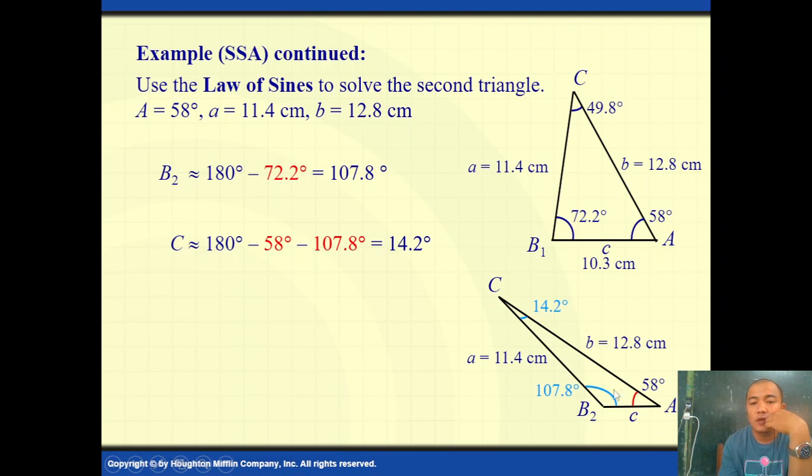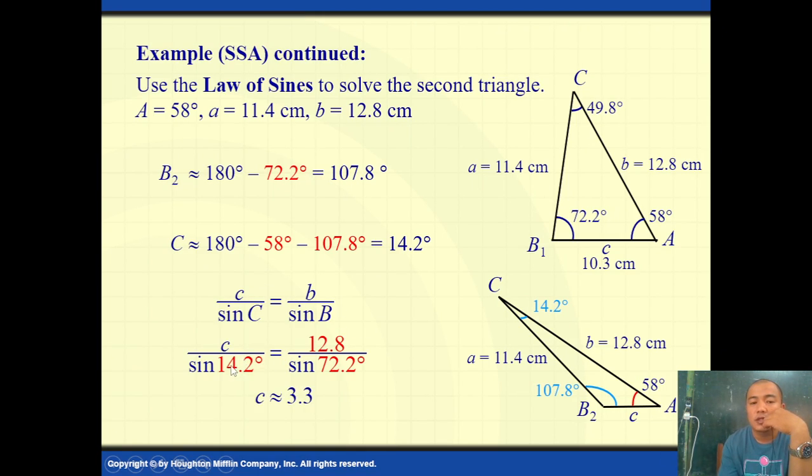From here we can solve for side C. C over sine C equals B over sine B. Substitution, sine 14.2 is equal to 12.8 over sine 72.2 degrees. So the answer is 3.3 centimeters.